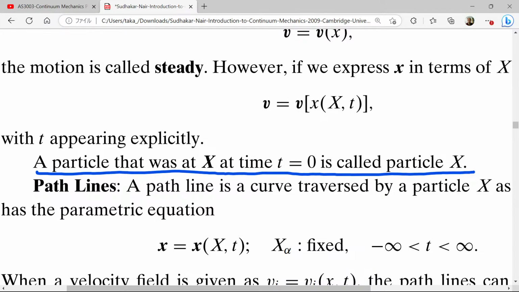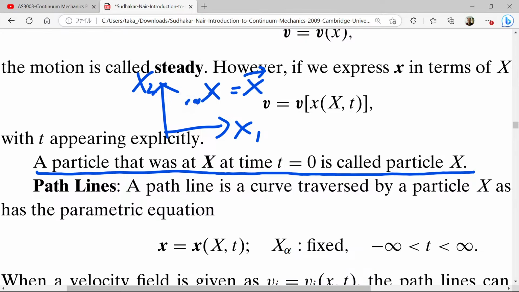So this is the material coordinate, right? x1, x2, then this particle is called x. The position is given by the x vector.